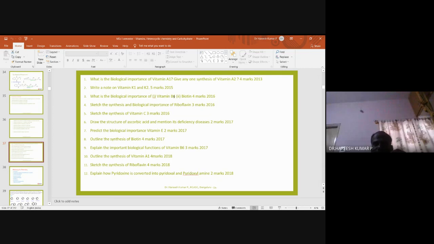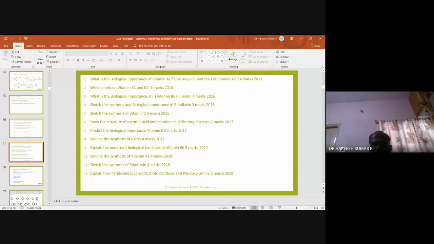You can also give an example. Then biotin. Biotin is the coenzyme required by the enzyme that catalyzes the carboxylation of the carbon adjacent to the carbonyl group. That is how acetyl coenzyme A is converted into malonyl coenzyme A, that you can mention.